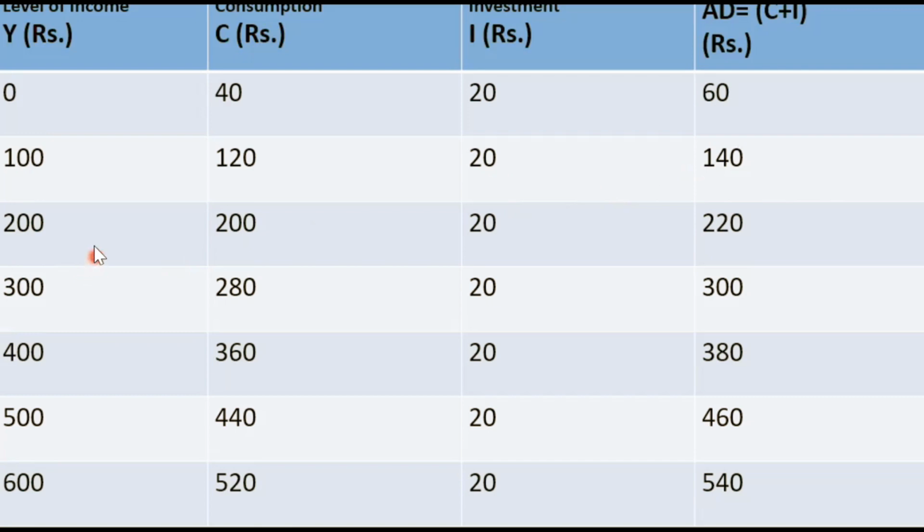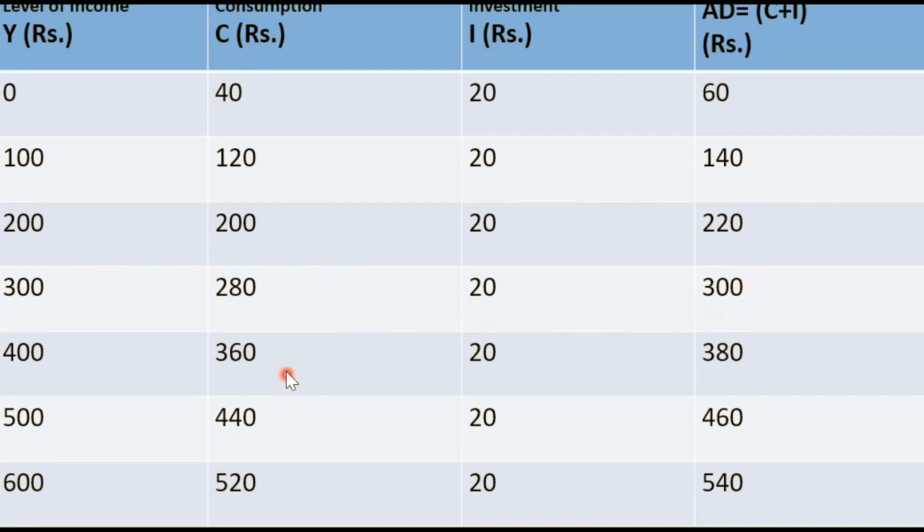At the next level of 200 income, consumption is 200 and investment is 20. So AD is 220. At the next level, consumption is 280, investment 20. So AD becomes 300.